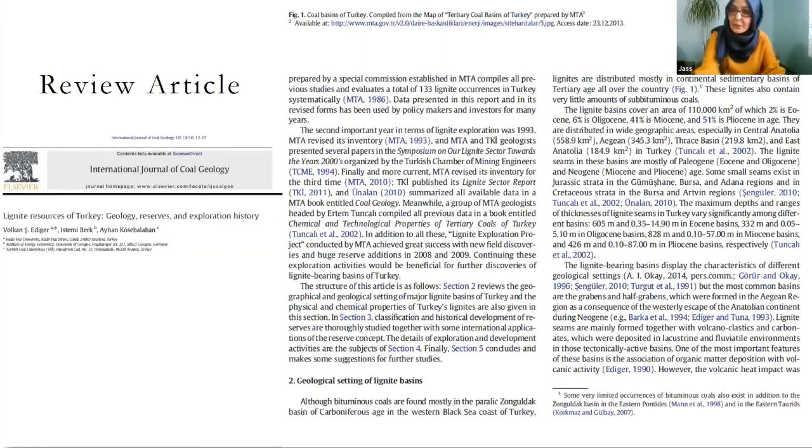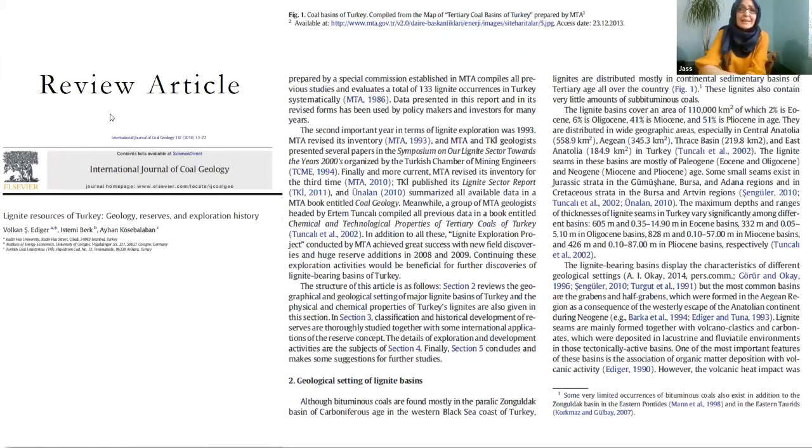As you can see here, they've cited many of the articles. They're giving information of what article has given what information. They're actually drawing a picture of the data that was gained by other articles.